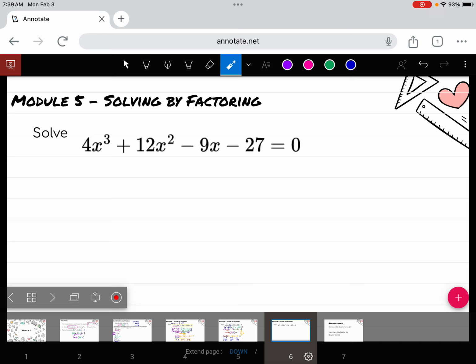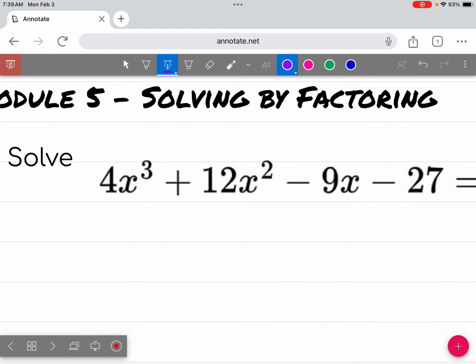This one's slightly harder. Got 4x cubed plus 12x squared minus 9x minus 27 equals 0. So again, we're going to split these up so that we can put them into our groups, because I don't want to deal with 4 things at once because that's too many things. I'm not good at juggling, let alone with 4. So I'm going to put the first 2 pieces together, and I'm going to put the second 2 pieces together.